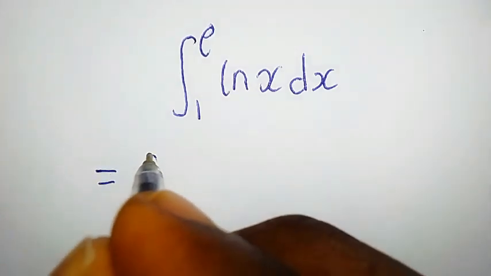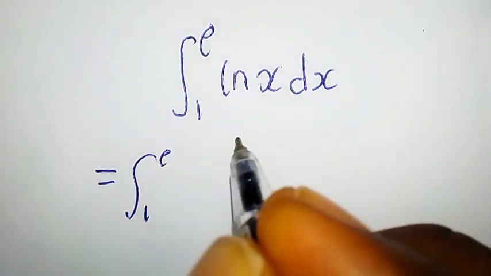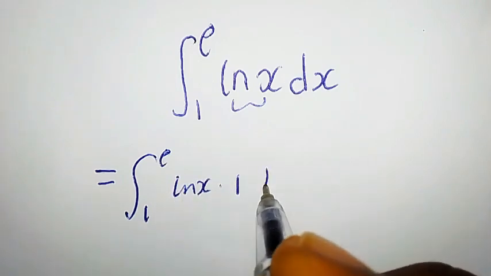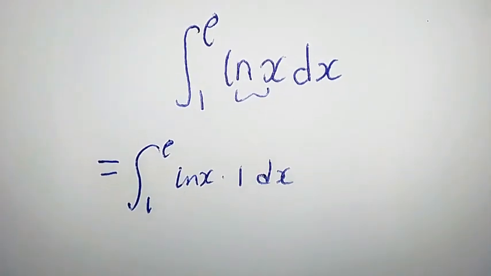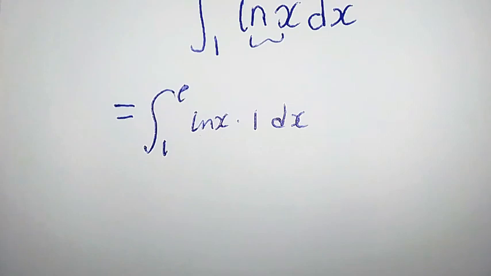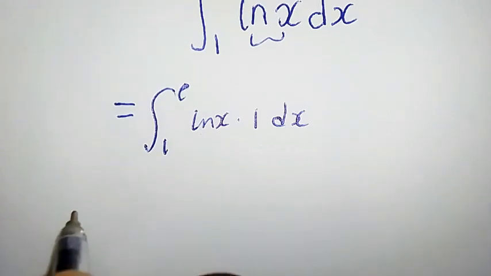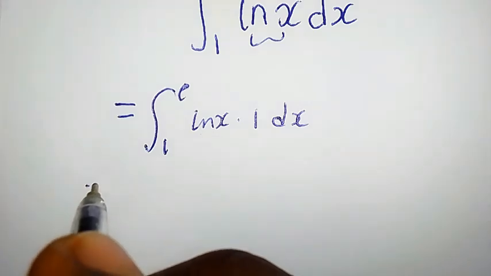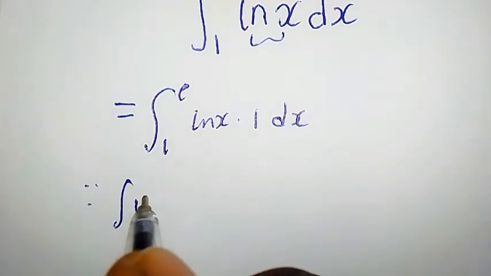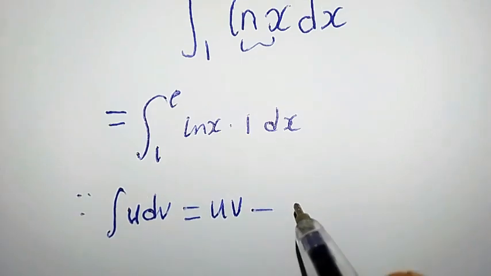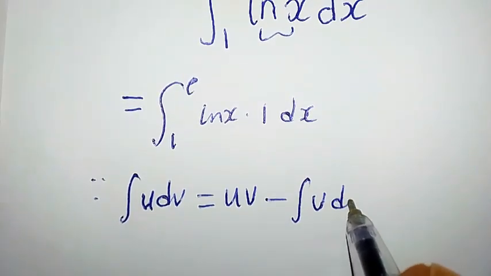This is equal to the integral from 1 to e. ln x could be written as ln x times 1 dx. We are going to integrate this function using integration by parts. The integration by parts formula says the integral of u dv is equal to the product uv minus the integral of v du.